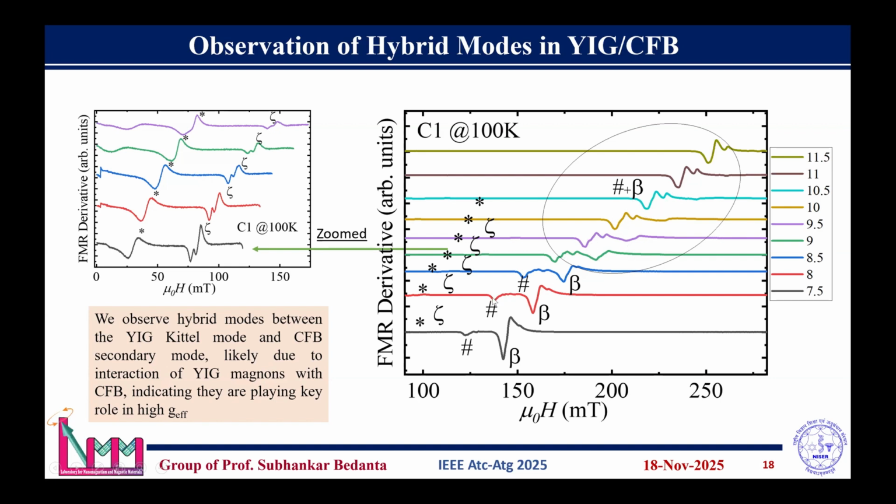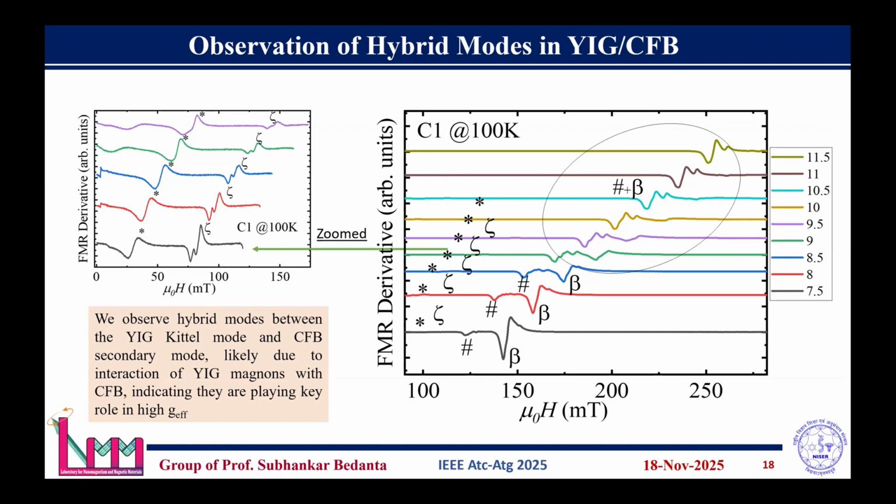If you see, this hash mode comes very close to the beta in proximity, and then they get a bit far apart later on. So this is a kind of signature of the magnon coupling, but we will further confirm by plotting the modes of H resonance versus frequency independently. Yeah. And just a little bit more about this, how do you estimate the linewidth in these hybrid situations?